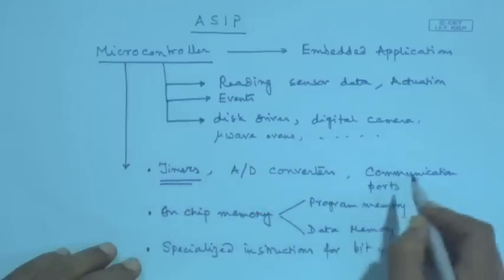So, these are something which are not there in a typical microprocessor. If I select a microprocessor, then I have to select an AD converter, I will have to have a separate timer and all those things. Now, in this case these are all built in.